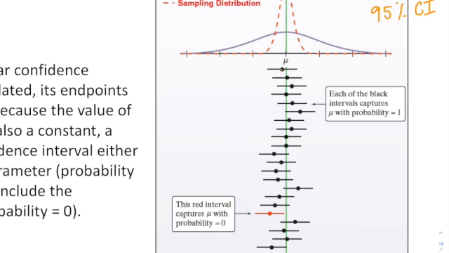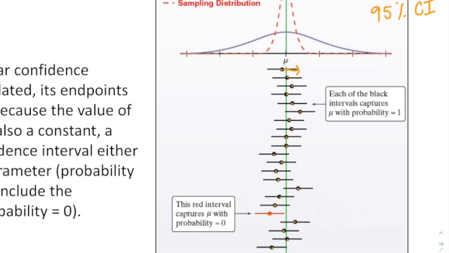So each of these dots that you see that are in black, these are all the point estimate from the sample. So let's just go ahead and say that we're dealing with means, because here we have mu. So let's say these were all averages. So these are the X bar values that you get from each of those samples.